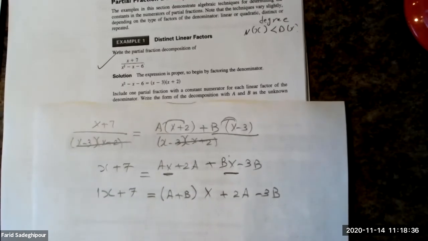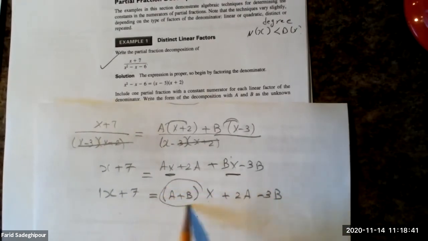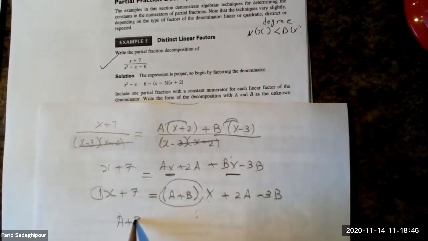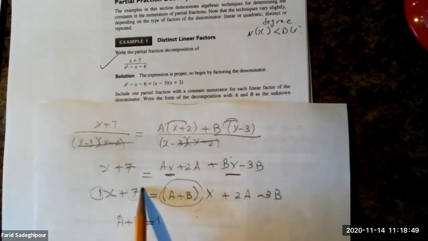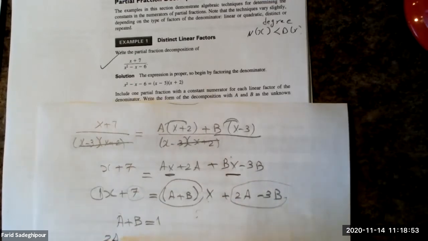Since these two sides are equal, the coefficient of x here is a plus b, and here is 1. So a plus b has to be equal to 1. The constant here is 7, so 2a minus 3b also needs to be equal to 7.